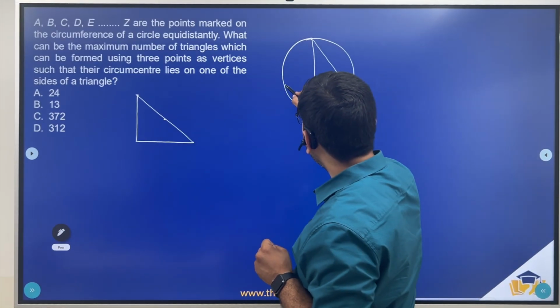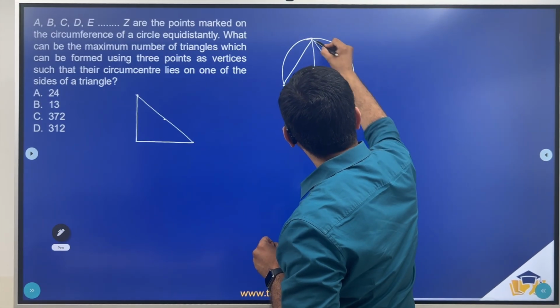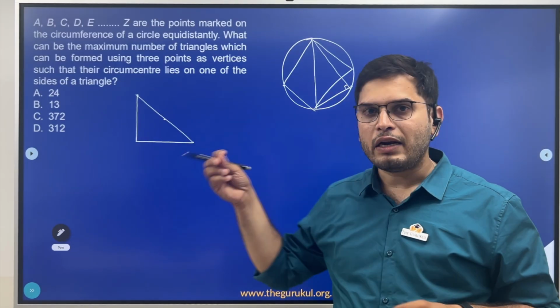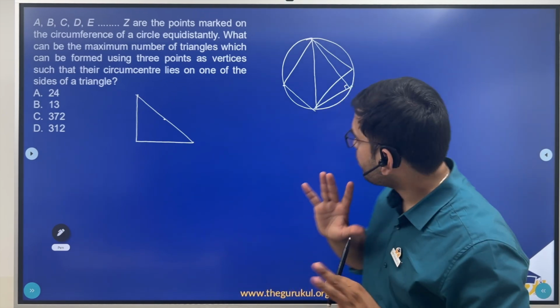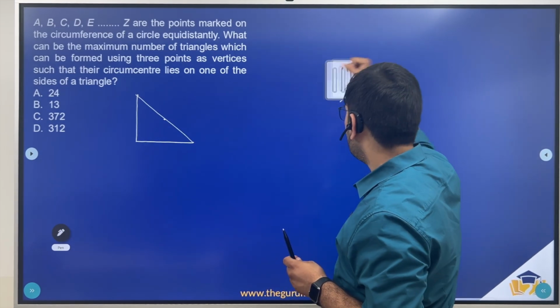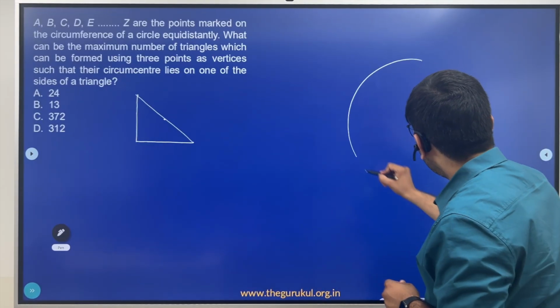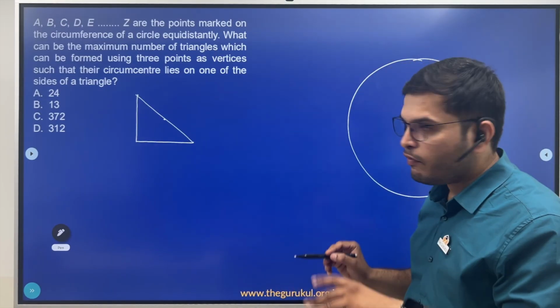You take one more point here. This becomes a right angle. Now this is also a right angle, and so on. Right. So to have a right angle triangle inscribed in a circle, one of the sides should be nothing but the diameter of the circle. Right. Now these 2 points should be known to you. Right. Then now let us consider a circle. We have a total of 26 points equidistant.